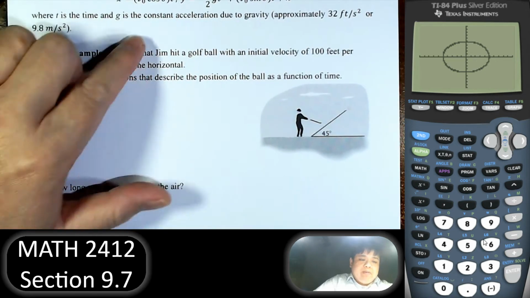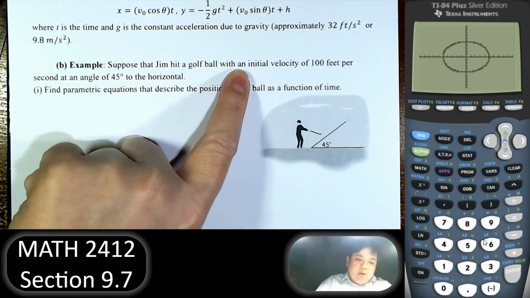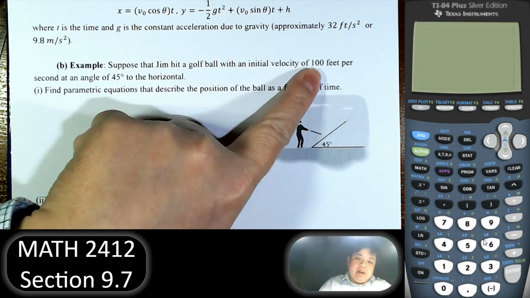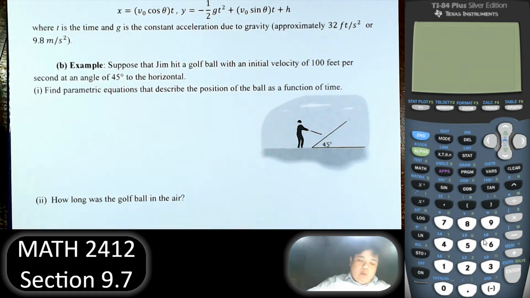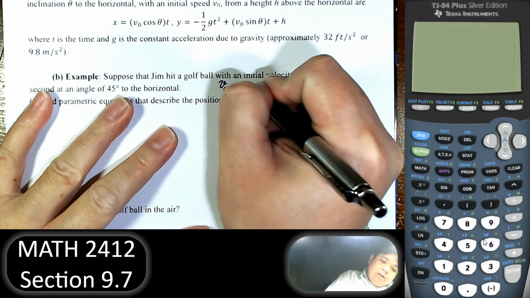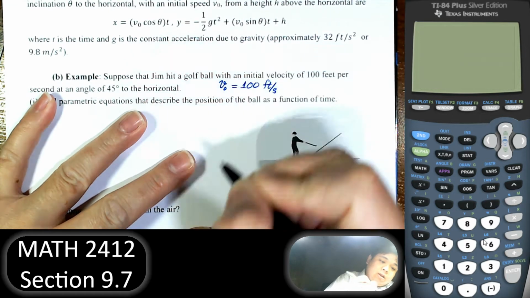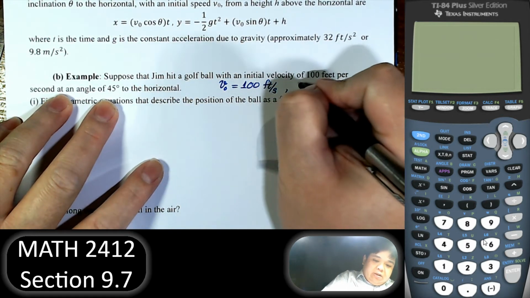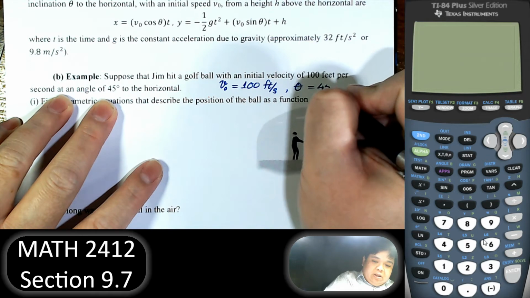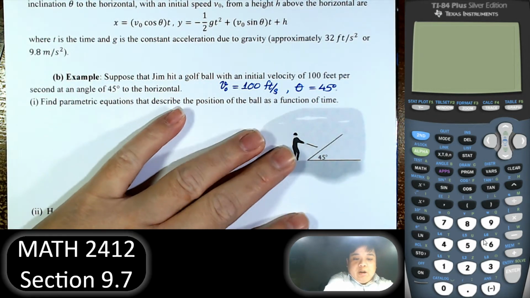Right, so we have those two, x and y. Now suppose that Jim hit a golf ball at an initial speed of 100 feet per second. So v0 is 100 feet per second at the angle 45 degrees. So theta is 45 degrees as well. Find the parametric equations that describe the position of the ball as a function of time.